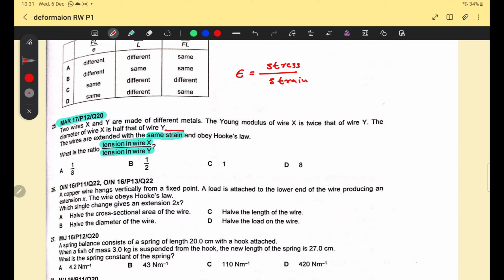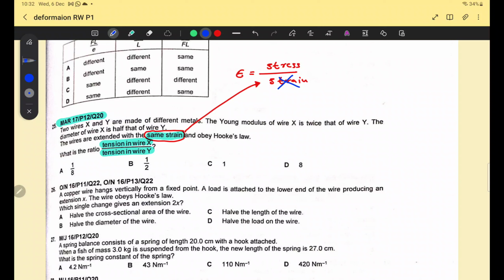Same strain means what should I do, beta? If the strain is same, then I should cut strain.